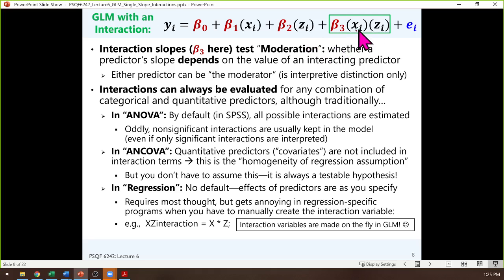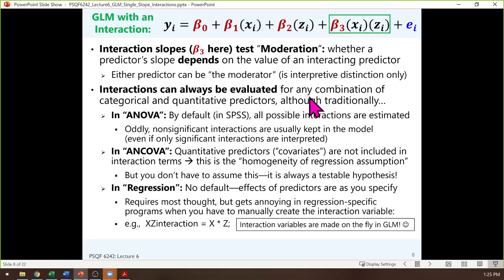Once you have this interaction where x and z are multiplied together and that interaction is given a new slope of its own, the terminology switches. And you will hear me talk about beta 1, say in this context, as a main effect versus beta 3 as the interaction effect.